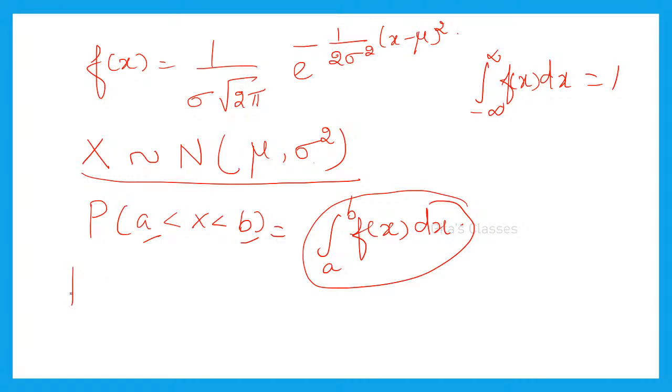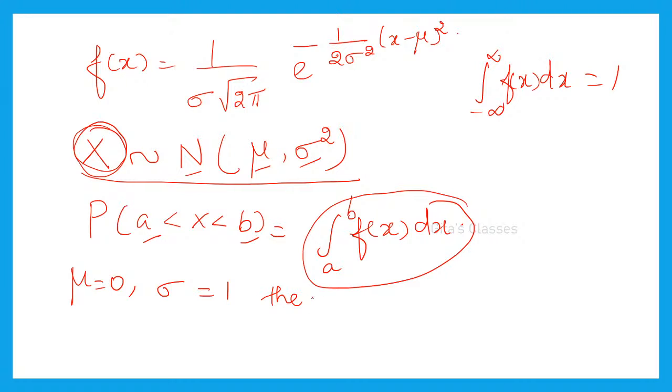When x follows a normal distribution with mean mu and variance sigma squared, if mu is equal to 0 and standard deviation sigma is 1, then it is called the standard normal distribution.